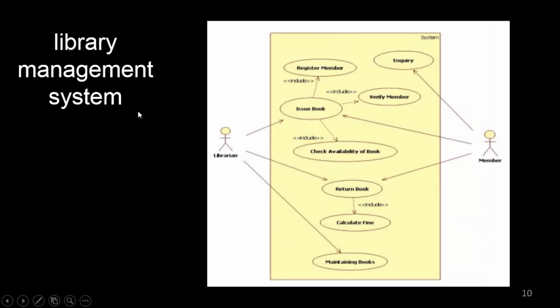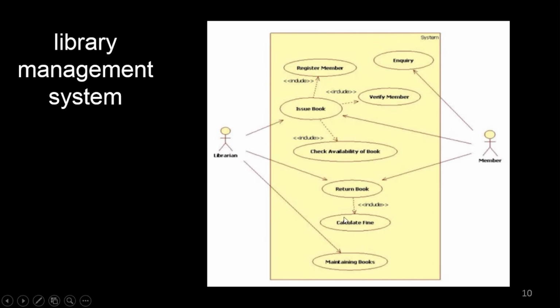Similarly, the library management system. The librarian is the primary actor. Here, the things he or she is going to do are issue book. Issue book includes register member. Only a registered member is allowed to issue a book. Then verify the member and check availability of that book.